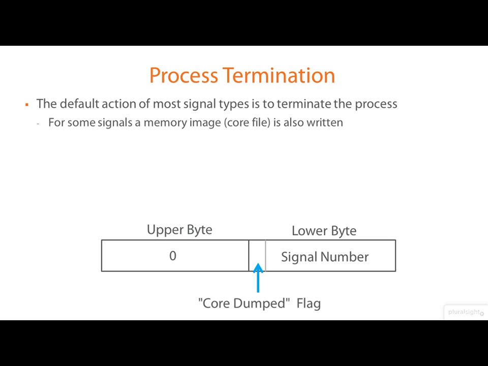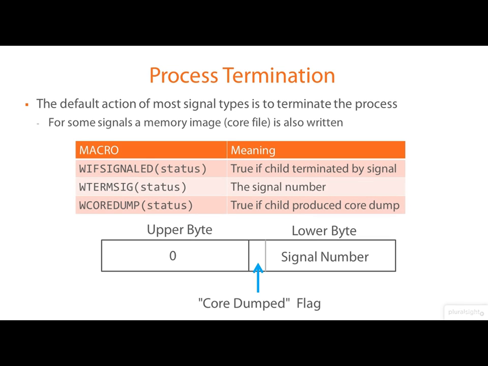Then there's a bit that says whether a core dump was written, and the upper byte, where the exit code usually goes, will be 0. Now, we looked at this before in Module 5. There are some macros, which I've shown here, that make it easy for a parent process that's just waited for one of its children to figure out if the child was terminated by a signal, and if so, which one.